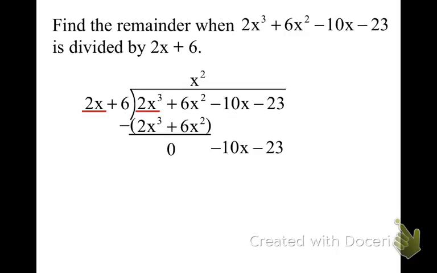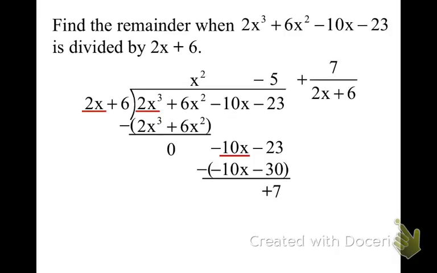Now in this situation, 2x goes into negative 10x how many times? Negative 5. Okay, now negative 5 times 2x is what? Negative 10x and minus 30. Subtract the whole thing, and we are left with 7 over 2x plus 6.